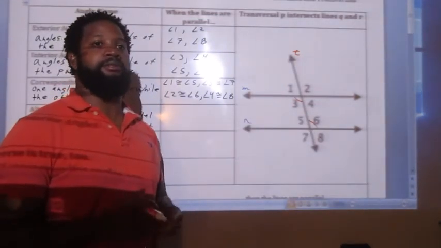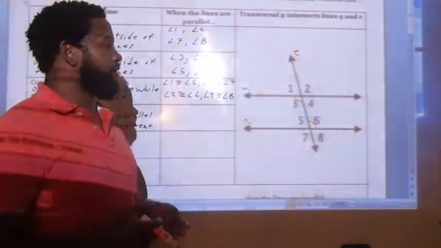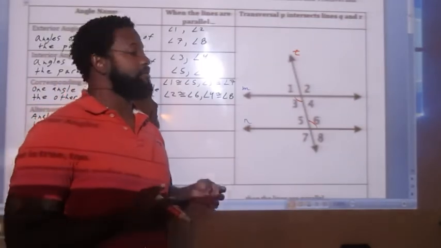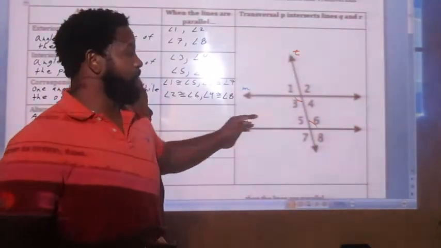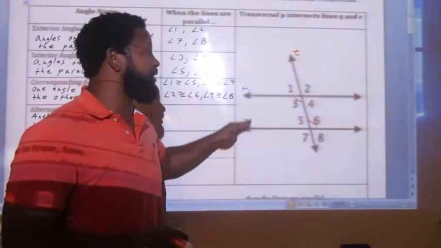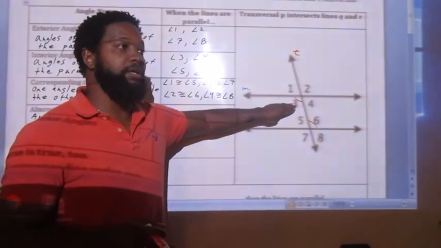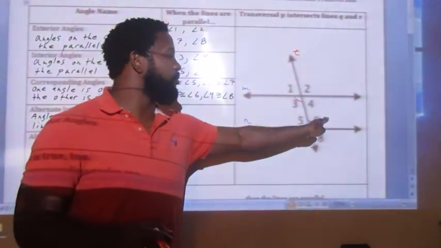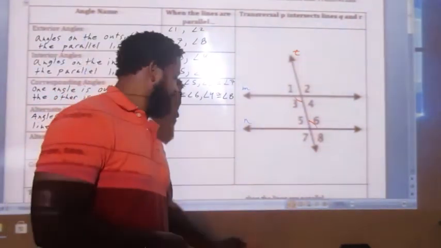This is going to be always the case, okay? With alternate interior angles, this is always the case. Whenever you have two parallel lines being cut by a transversal, this angle right here will always be congruent with this angle right here, okay? Always.